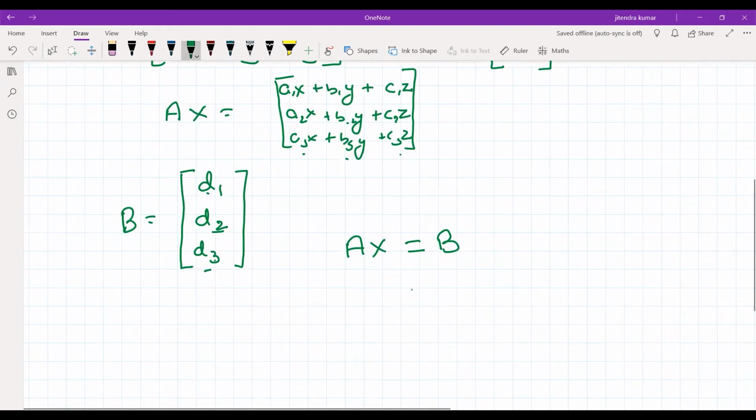Okay, now we have to find the values of x, y, and z here.